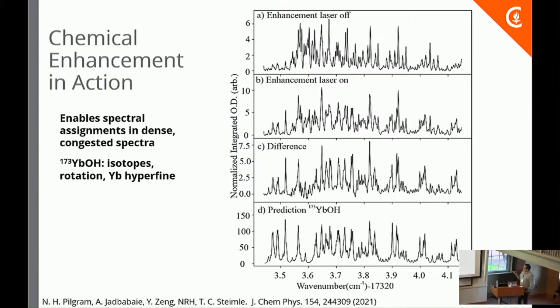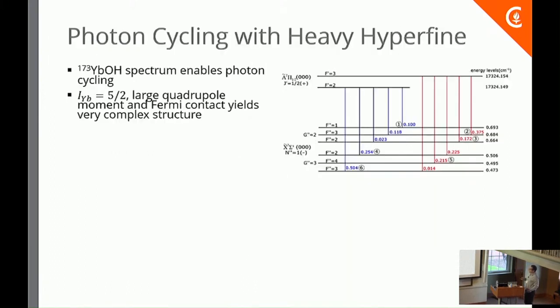But by playing some tricks with the chemical production, you can isolate without modeling just the 173 spectrum that you're interested in, and then fit to it. And so it means that you can basically extract this data out of this spectrum directly, which is really handy and was important for the spectroscopy of this molecule.